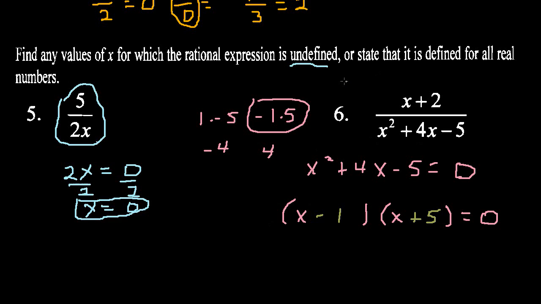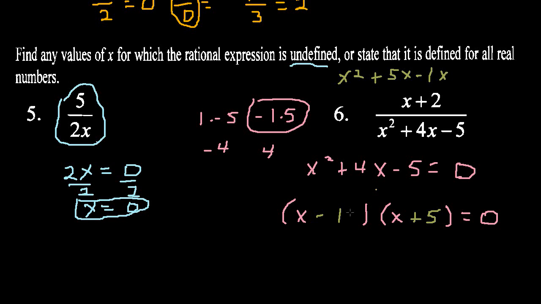Let's FOIL it, and maybe let's just write it up here. So x times x is x squared. So far so good. And the outside is x times plus 5, that would be plus 5x. And then if we multiply the inside, we get negative 1 times x, which is negative 1x.